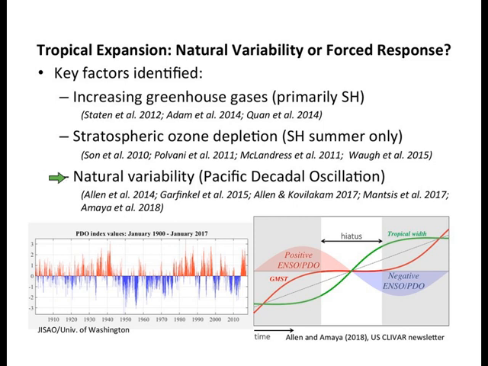I'm sure many of you in this audience are familiar with the evolution of the Pacific Decadal Oscillation and Pacific sea surface temperatures, but it's useful to refresh our memory about what happened.